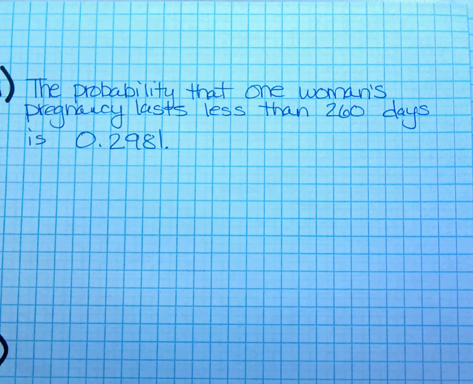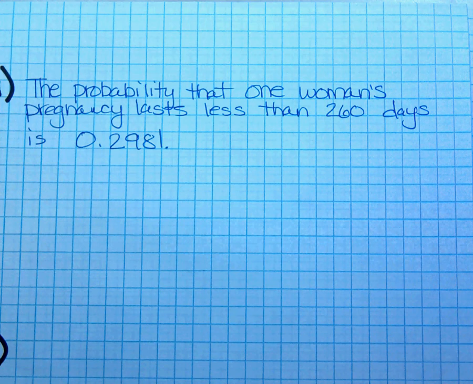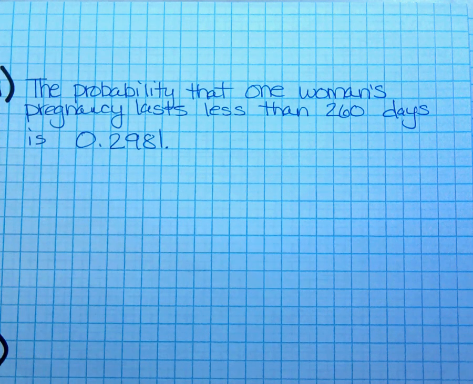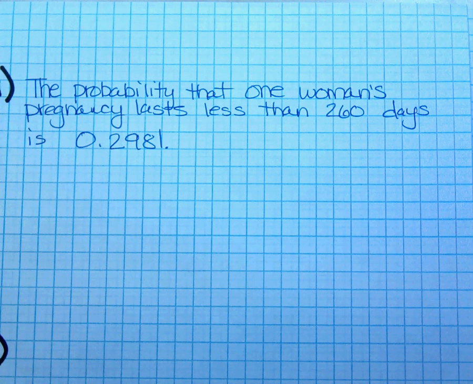So the probability that one woman's pregnancy lasts less than 260 days is 0.2981. So I wouldn't really say that's likely, but it's definitely not unusual for one individual woman to have a pregnancy that lasts less than 260 days.